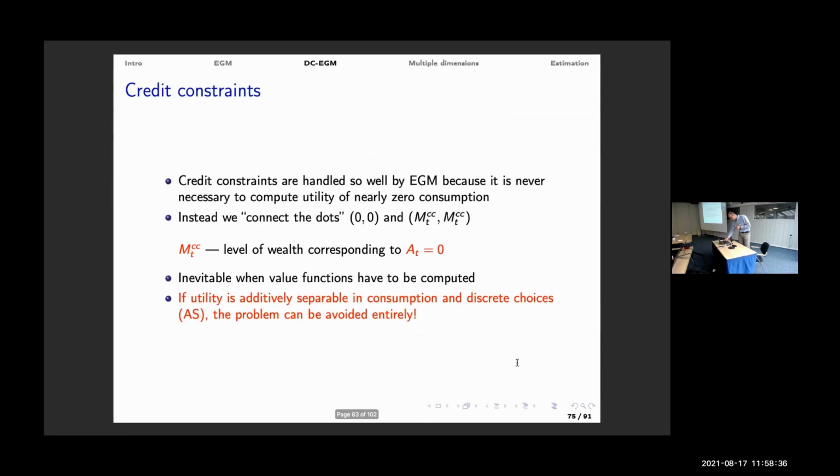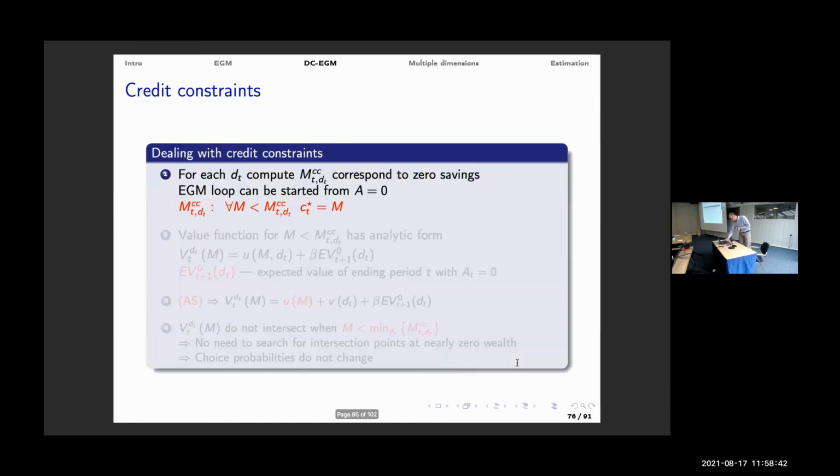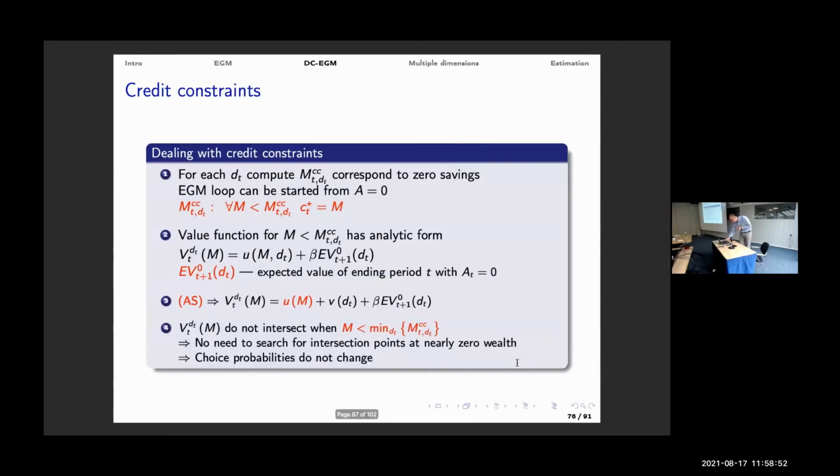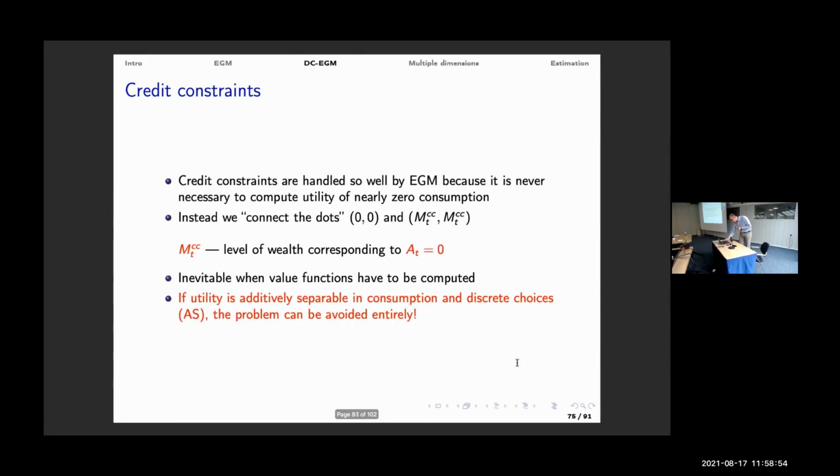Okay, I guess we can skip this. Let's talk a little bit about the credit constraints. Remember this, the same logic applies essentially. We have to have an additional assumption of separability of the, okay, let me go through this slowly.